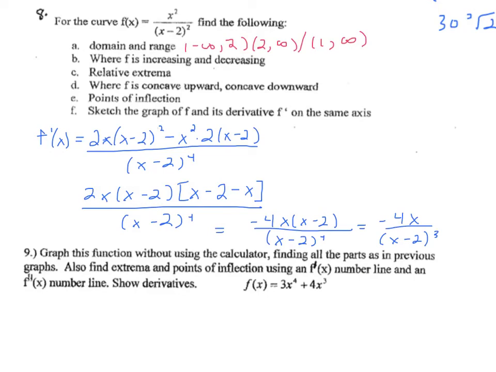So now our function will have two critical values at x equals 0 and x equals 2. And we can do our first derivative test to figure out where our function is increasing and decreasing.